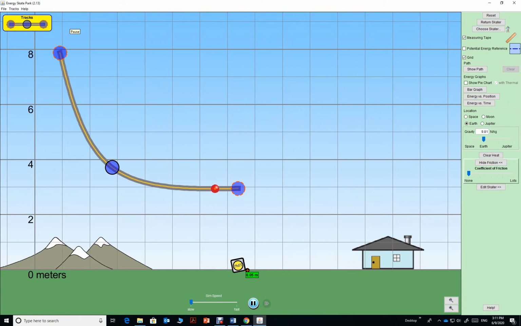So it lands almost here, almost here. Okay, so drag the meter, measure x again.